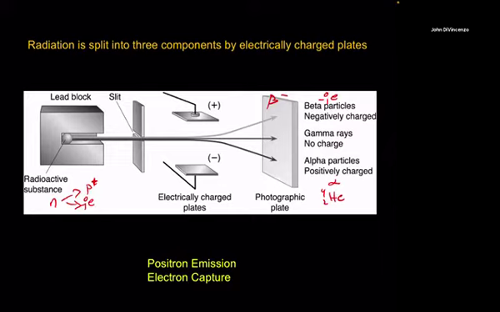Electron capture is actually when the nucleus captures an inner core electron and combines with a proton. It's usually a proton-rich type of element. It captures an electron and converts to a neutron. It's kind of the reverse process of the beta particle emission. There's all sorts of weird stuff like that that goes on, these nuclear processes.